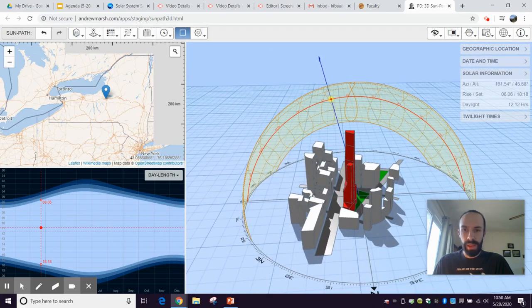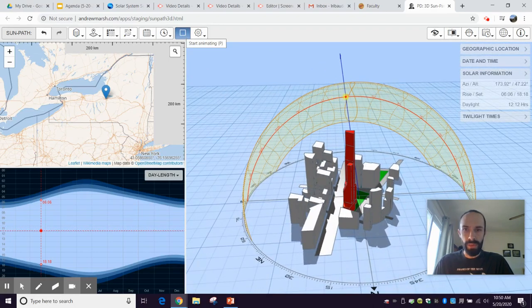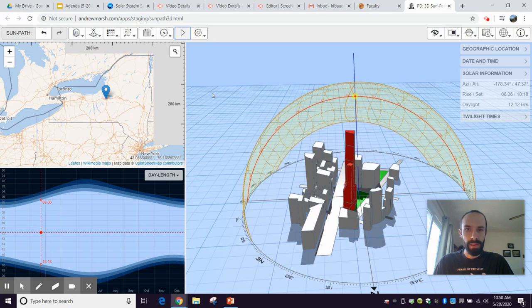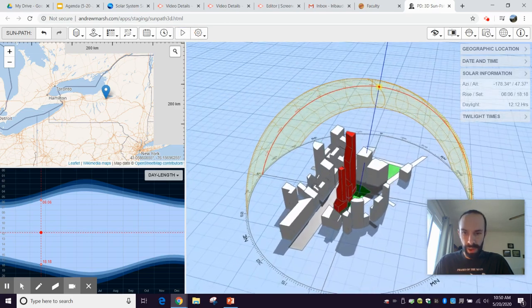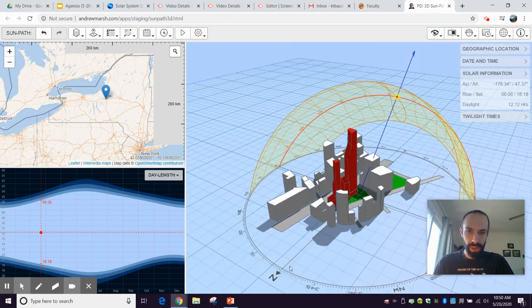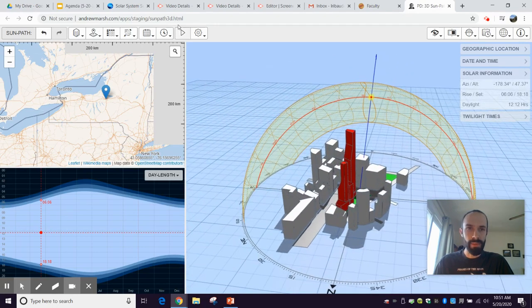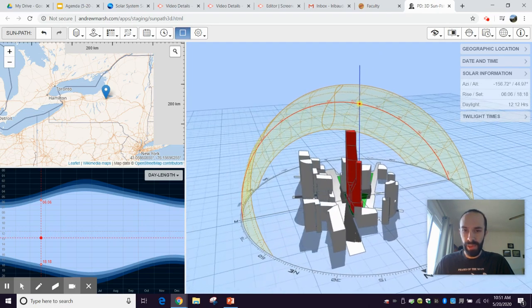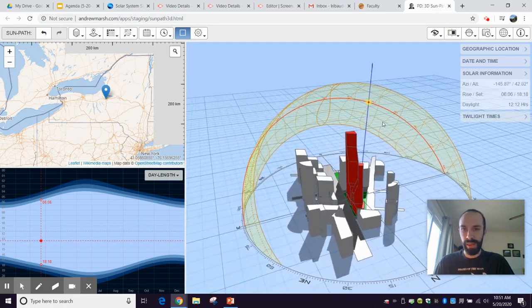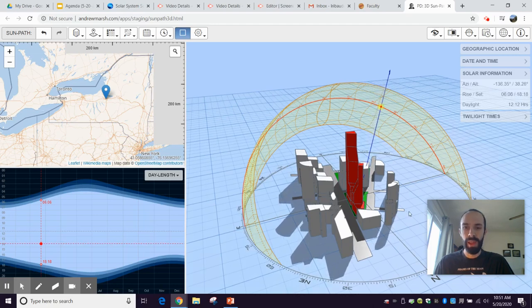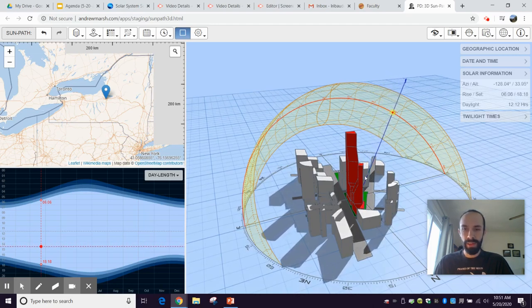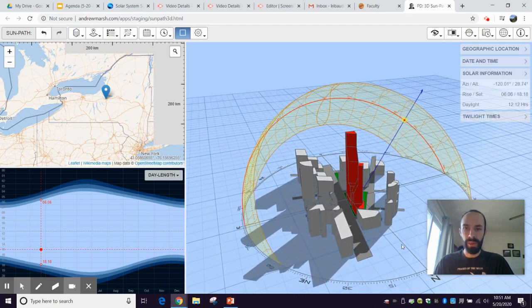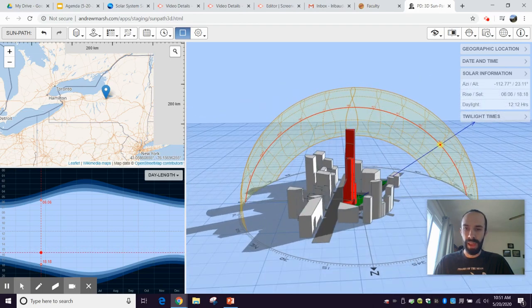And then exactly at noon, right there, you'll notice that this shadow is pointing exactly to the north because the sun is exactly in the south. Now, as time goes on into the afternoon, the shadows now start to point the other direction towards the east because the sun is going into the western sky. So the direction that the shadow is pointing is going to depend upon the time of the day.